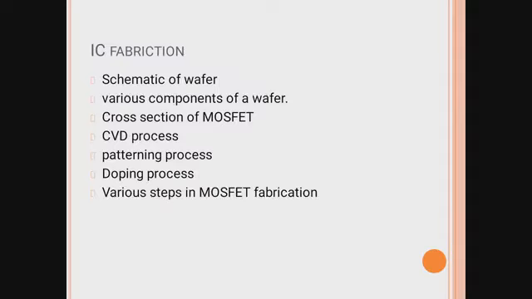Then I will also discuss the CVD process, chemical vapor deposition, the patterning process, which is basically called lithography, which I will discuss later in this lecture, the doping process, and the various steps included in MOSFET fabrication.